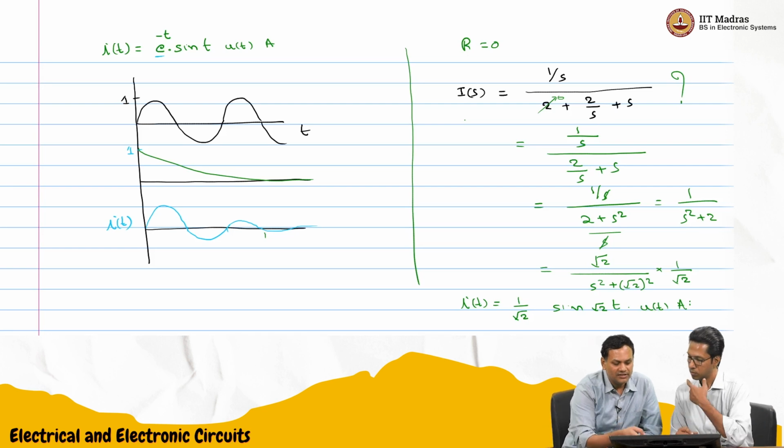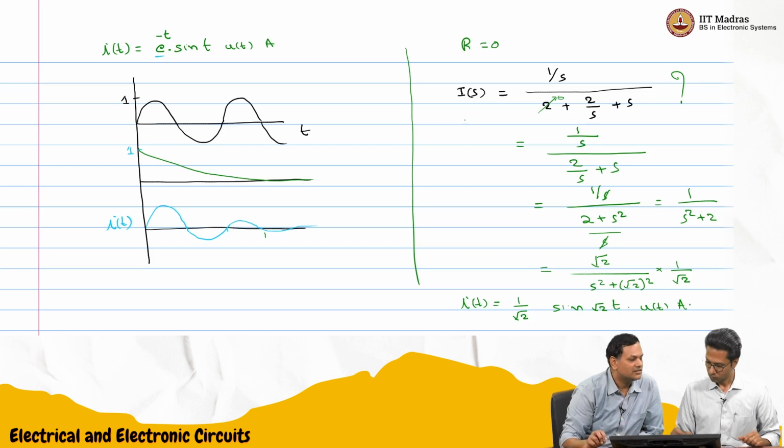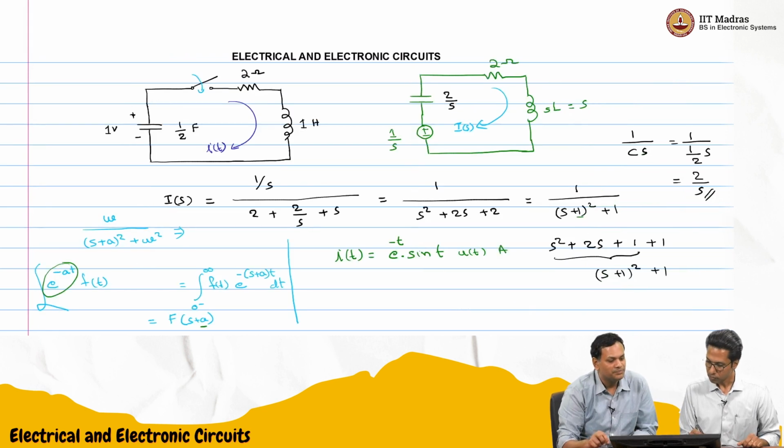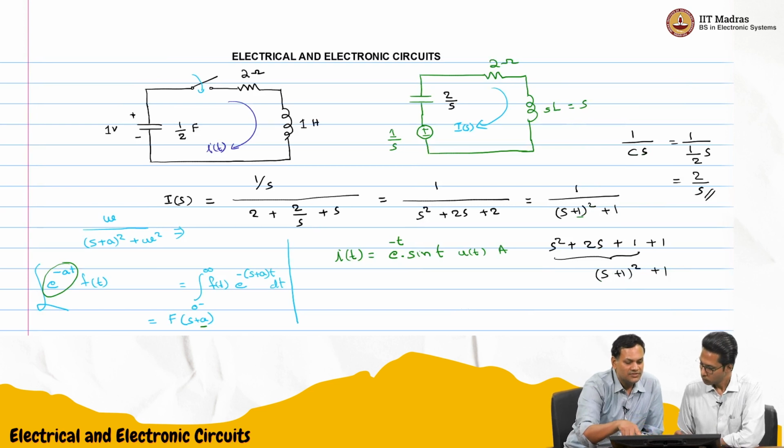But I think that doesn't seem right, although this 1 over root 2 seems right. Can we go to the previous circuit, previous diagram? So the frequency is correct, because half and 1.